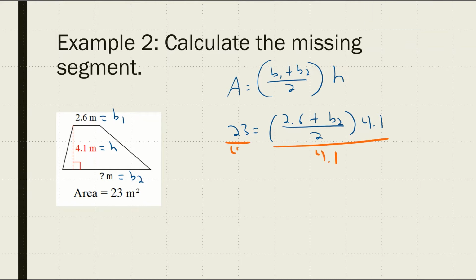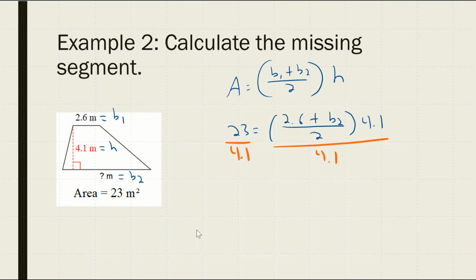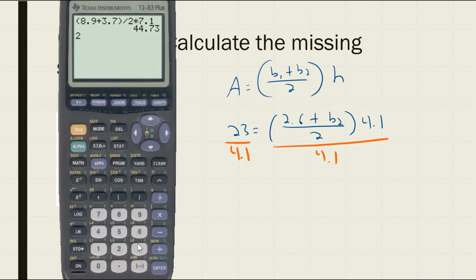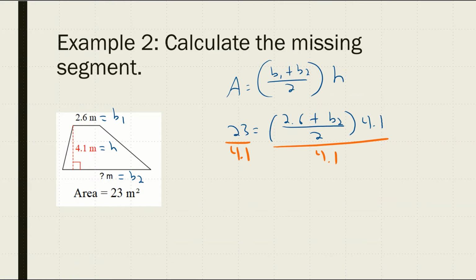So 23 divided by 4.1, let's go ahead and figure out what that is. That gives us about 5.6 approximately. So I'm going to write down 5.6 equal to 2.6 plus B2 divided by 2.